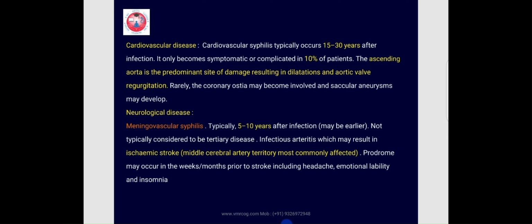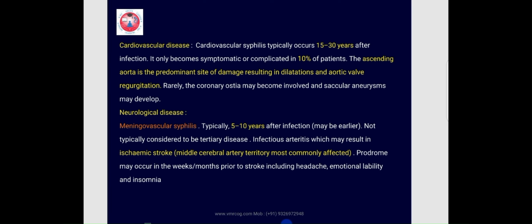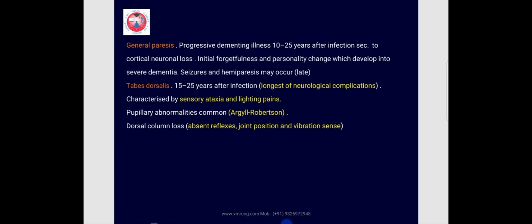So it may present as ischemic stroke. The area affected belongs to the territory of the middle cerebral artery, and a prodrome may occur weeks or months prior to the stroke, including headache, emotional lability, insomnia, etc. So that is the first manifestation, meningovascular syphilis, and the presentation is around 5 to 10 years, but may present early also.